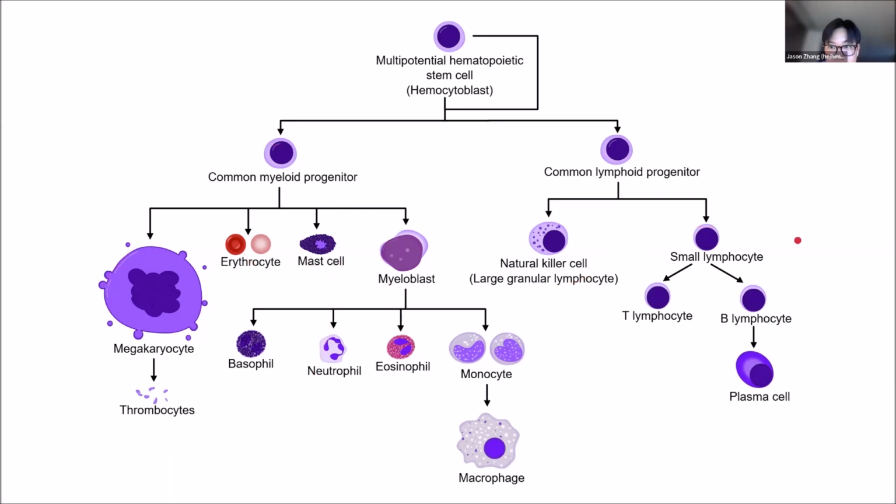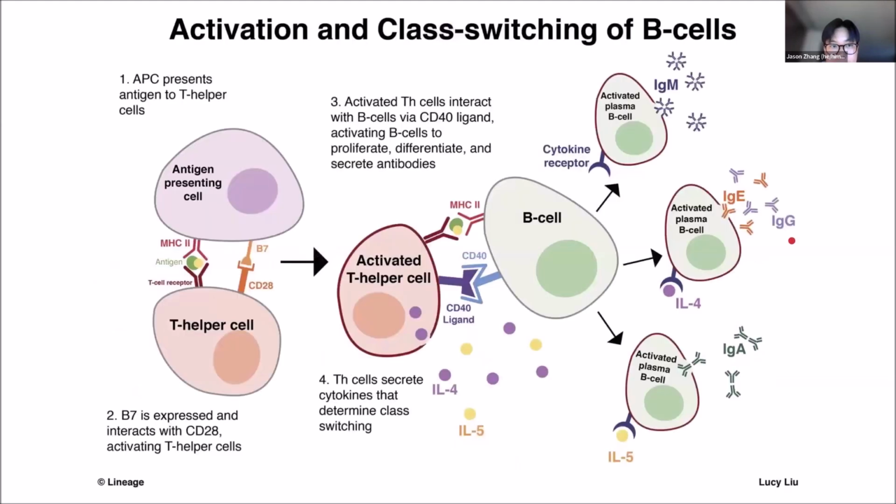And then final slide, just in terms of the immune system, be familiar with how B and T cells are activated. So for example, for helper T cells, an antigen presenting cell presents its antigen on MHC type 2. The T cell receptor will recognize the antigen, and there has to be a co-stimulatory signal with the B7 and CD28, and that'll activate the helper T cell.